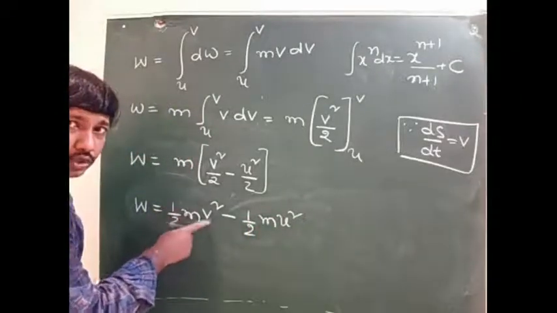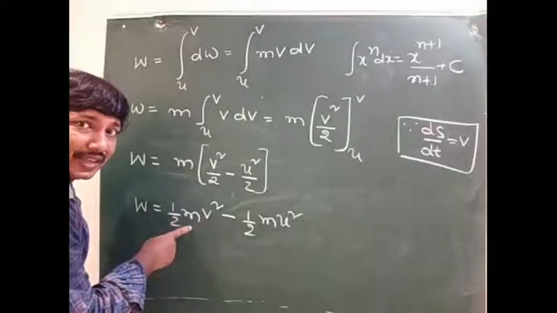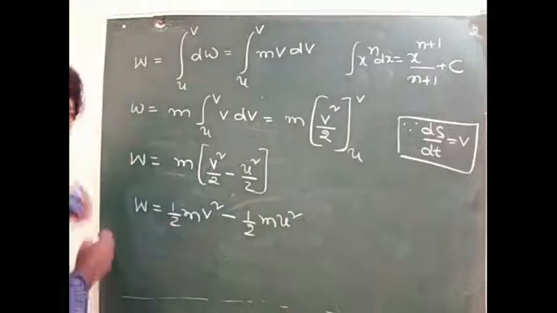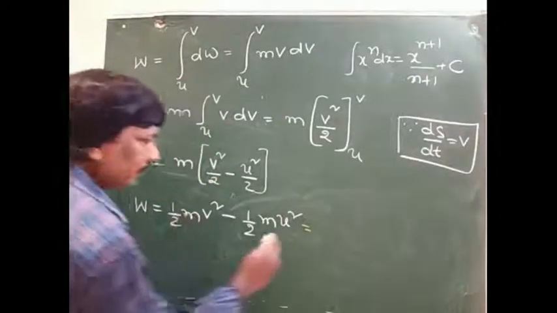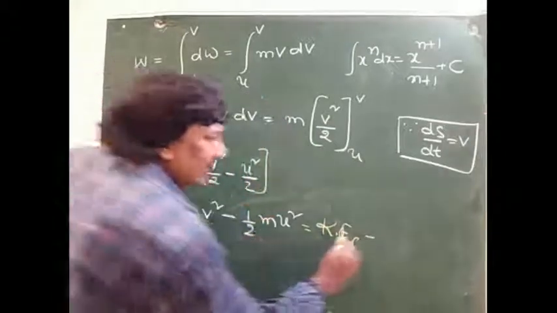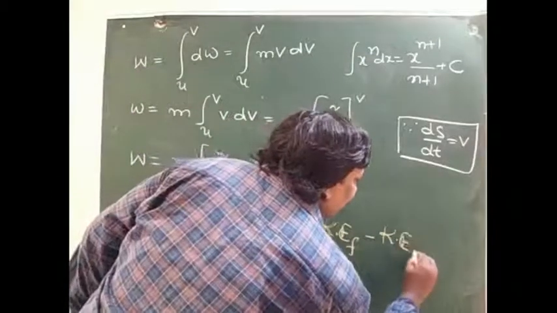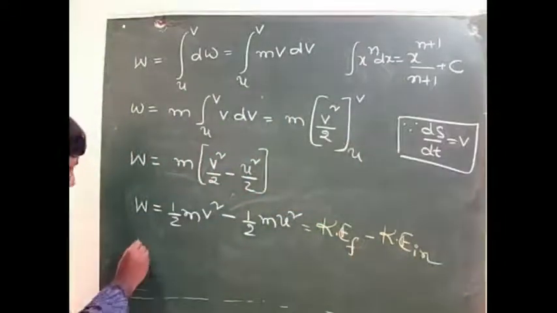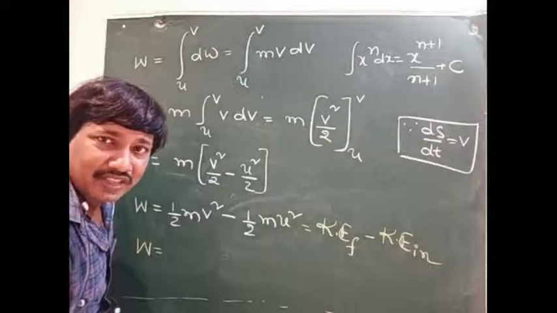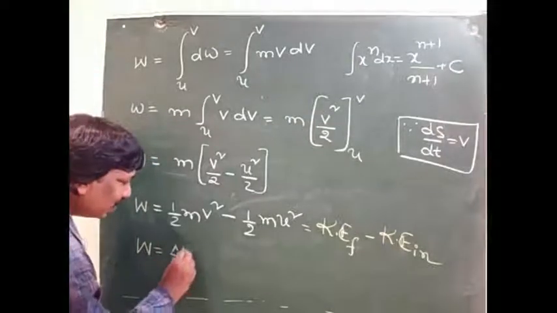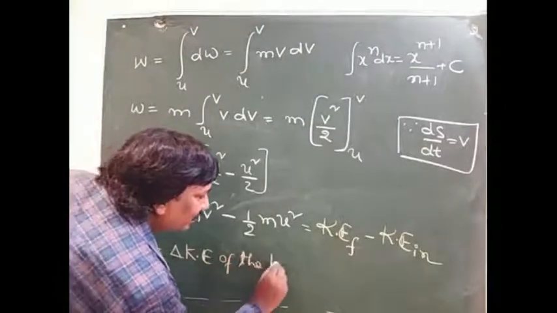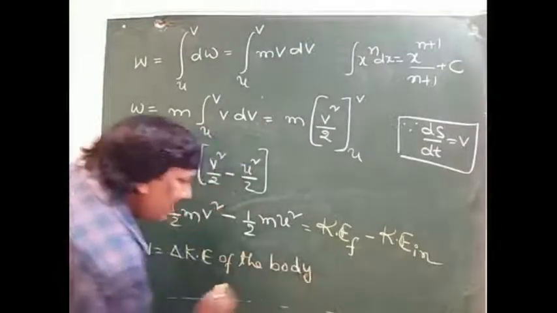Here 1 by 2 m v square is the final kinetic energy, minus the initial kinetic energy. So work done is equal to final kinetic energy minus initial kinetic energy, which means the change in kinetic energy of the body.